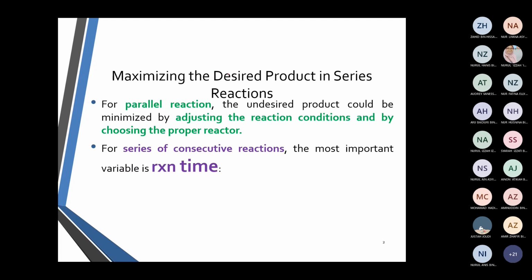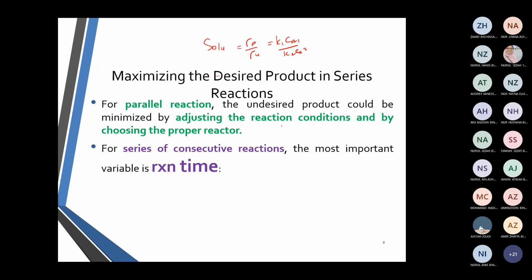Sama juga kita still apply S du over with the RG over RU. Katakan K1 CA1 over K2 CA2. For parallel reactions, the undesired product could be minimized by adjusting the reaction condition and by choosing the proper reactor.